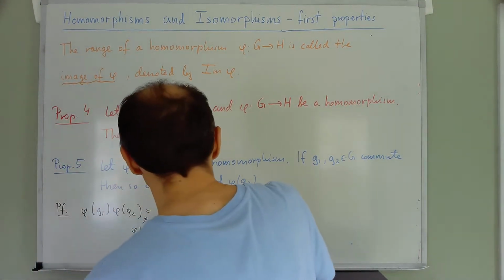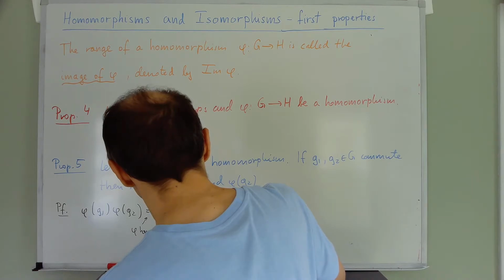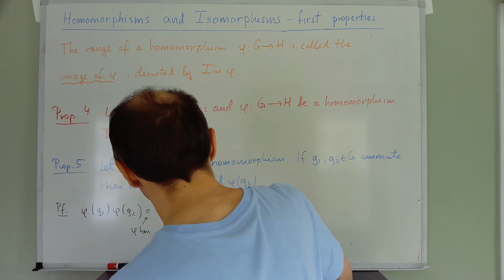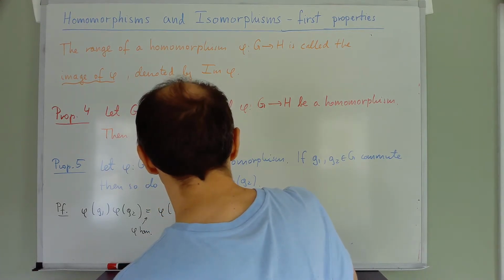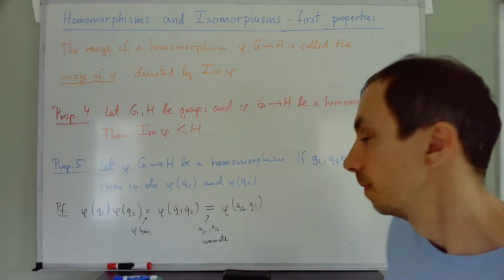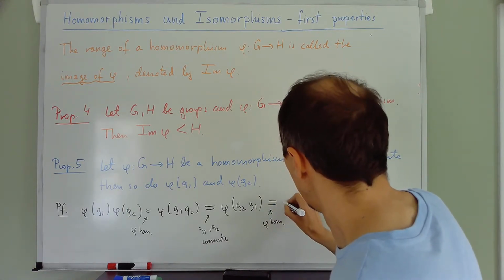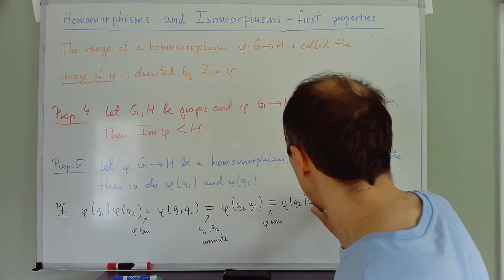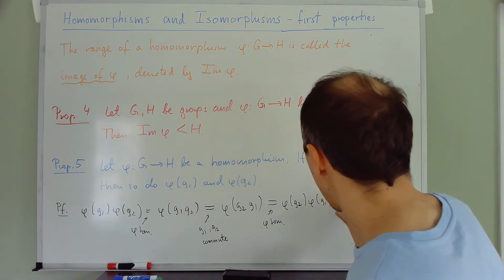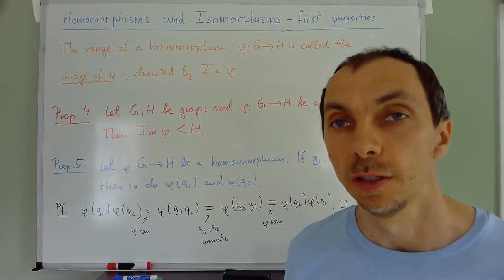Now because g1 and g2 commute, I can switch their order inside phi, and now again phi being a homomorphism tells me that this is this. So we're done. Phi of g1 phi of g2 is equal to phi of g2 phi of g1. So they commute.